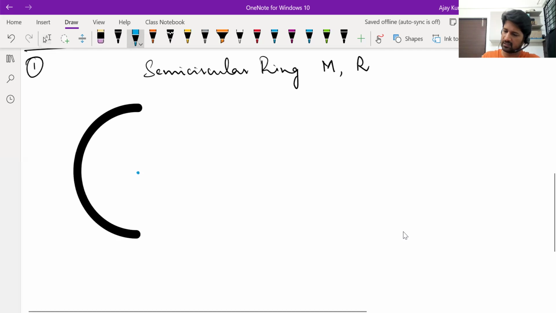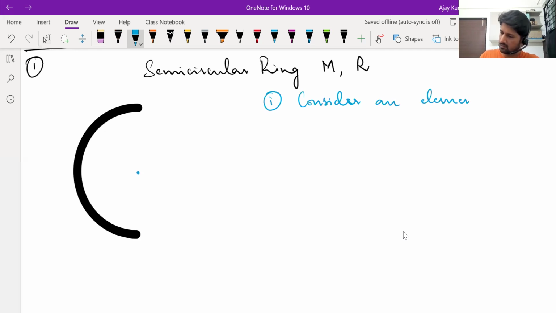First, I'll write the hints here. First, consider an element. Next, write an expression for field produced by that element at the center.